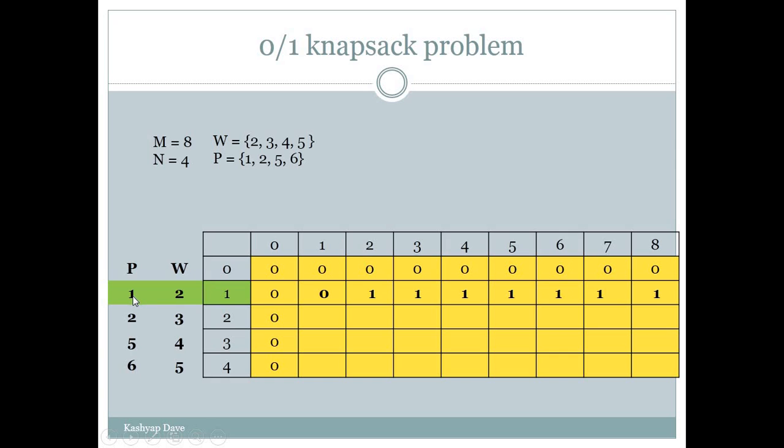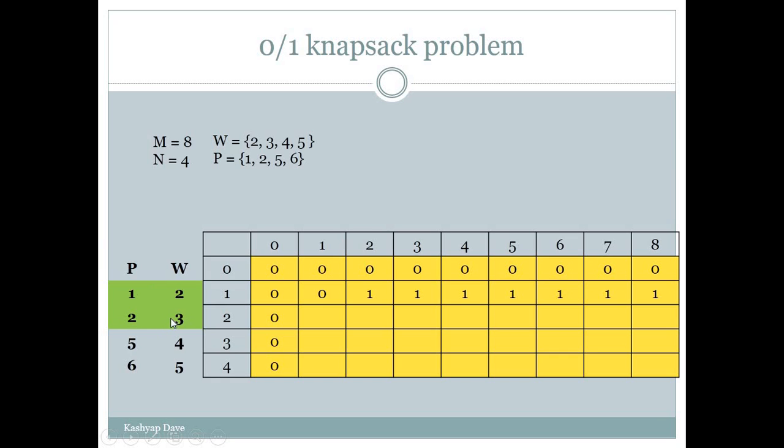Okay, so in the next step we will include these 2 items. Remember one thing, we will go row by row, and after each row we will include the above items also. We cannot include the below items, but we can include the above items.